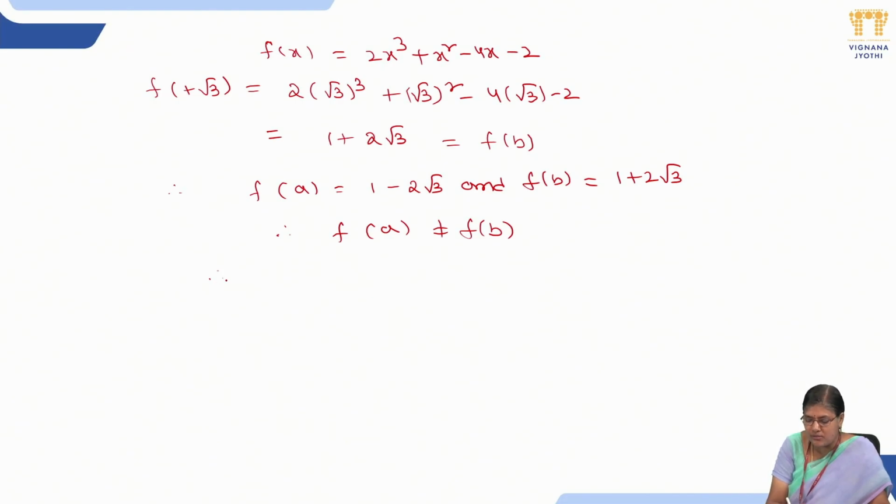Therefore, Rolle's theorem is not applicable. So, we cannot apply Rolle's theorem for this function in the given interval minus root 3 comma plus root 3. Now, I am going to explain another problem. That problem satisfies the Rolle's theorem conditions.